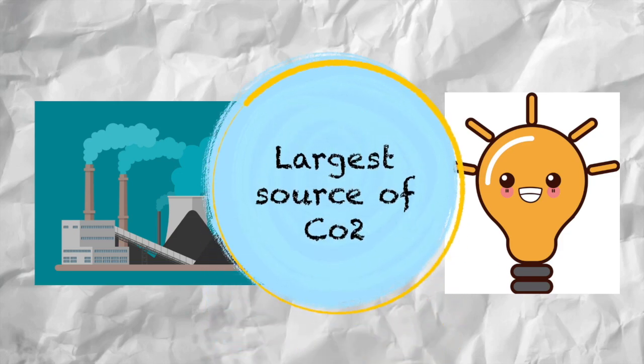A surplus of greenhouse gases is mainly due to the use of fossil fuels to generate energy. Burning fossil fuels contributes to releasing an unnatural amount of carbon dioxide into the atmosphere, and as I mentioned before, the largest source of carbon dioxide in the world, including natural and anthropogenic sources, is the burning of fossil fuels.